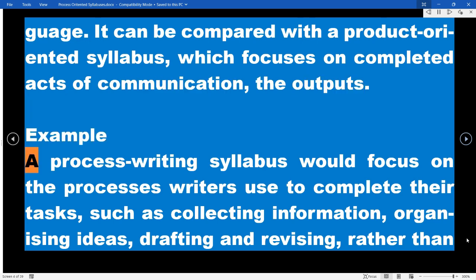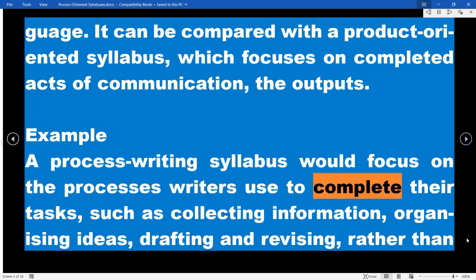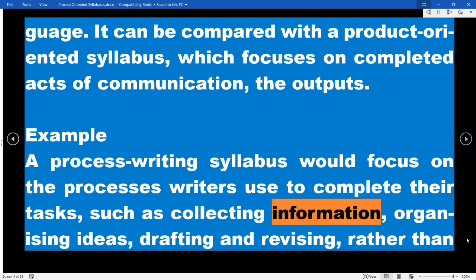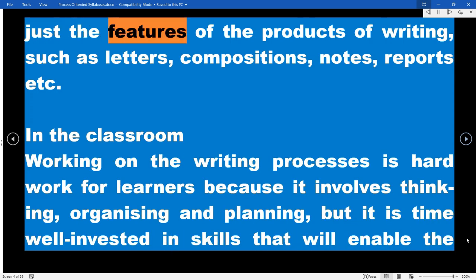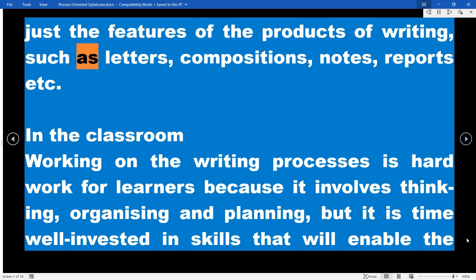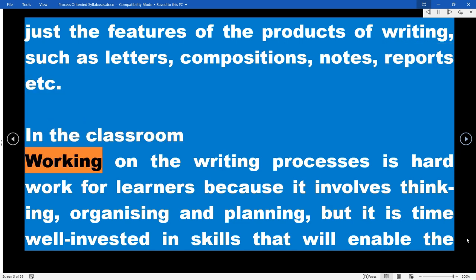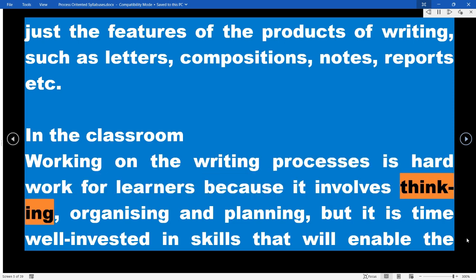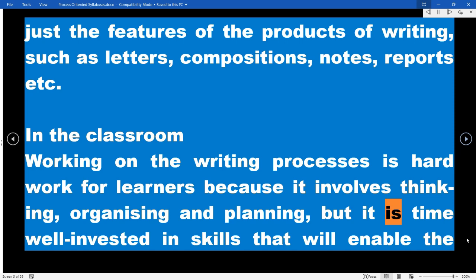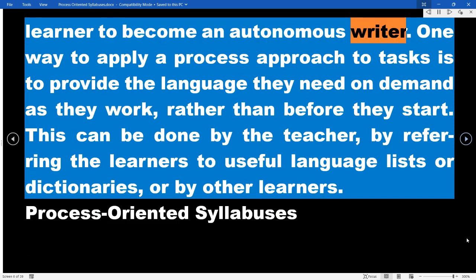Example: a process writing syllabus would focus on the processes writers use to complete their tasks, such as collecting information, organizing ideas, drafting and revising, rather than just the features of the products of writing, such as letters, compositions, notes, reports, etc. In the classroom, working on the writing processes is hard work for learners because it involves thinking, organizing and planning, but it is time well invested in skills that will enable the learner to become an autonomous writer.